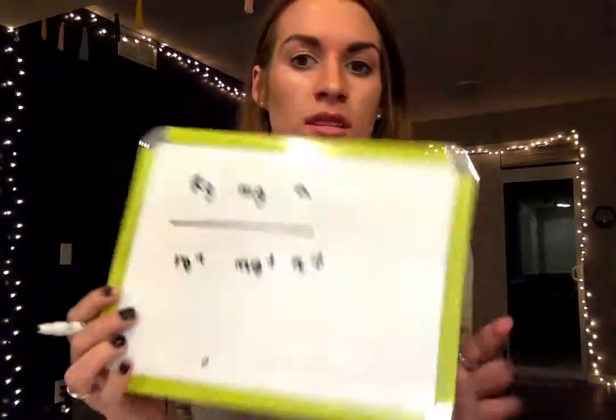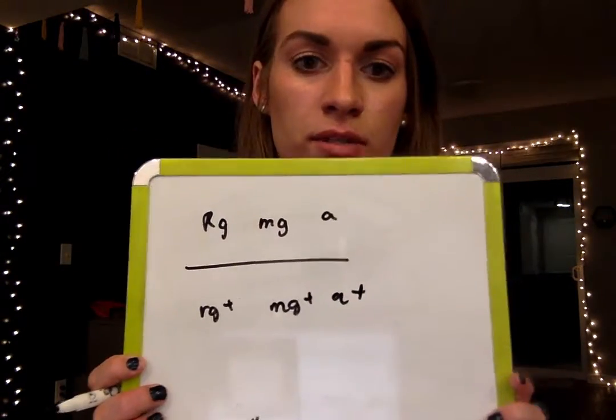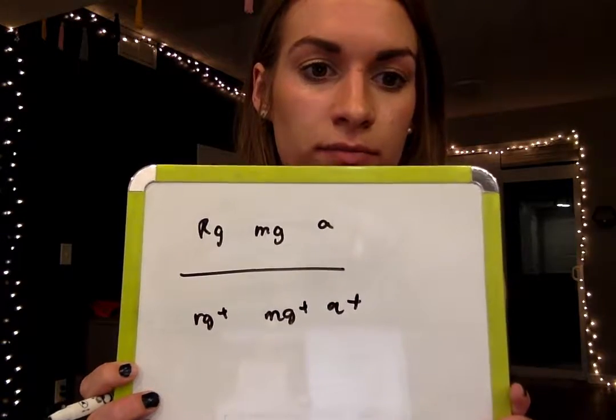And that would look like this. So this is going to be our gene order of the 3 linked genes.